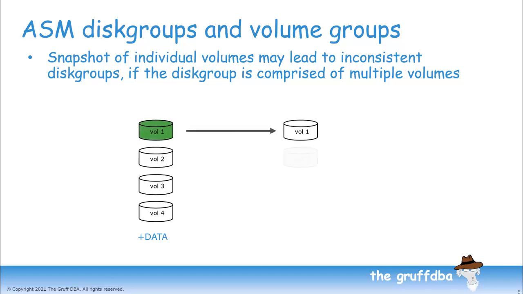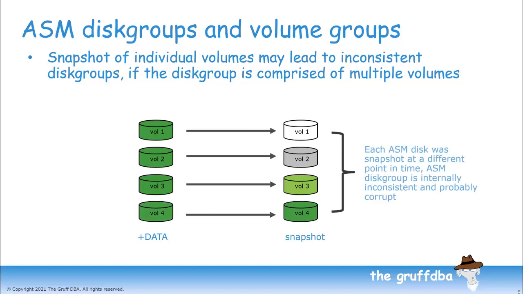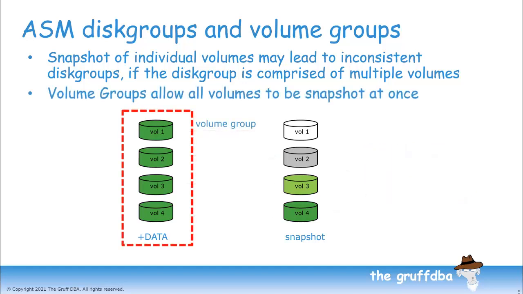In our example here, we snapshot the disks in sequence, but even moving as quickly as we can navigate the interface, we'd still end up with each disk snapshot at a slightly different time. That would lead to a disk group that is probably corrupt, and the database certainly would not be crash consistent.